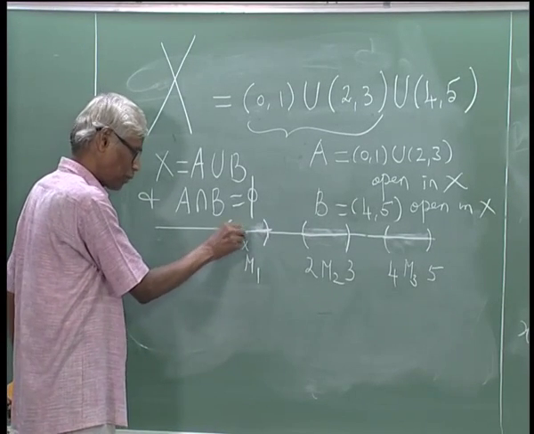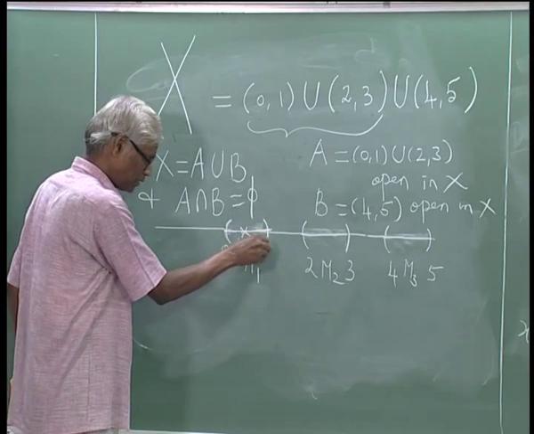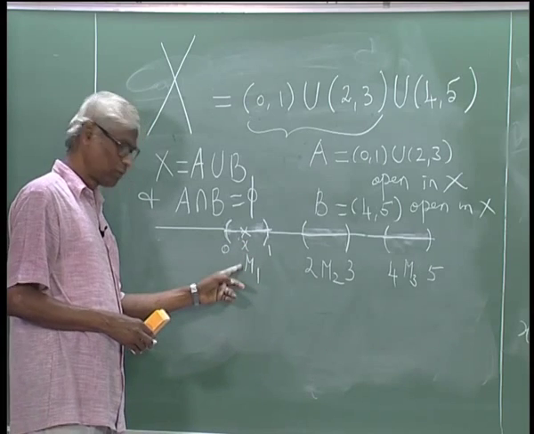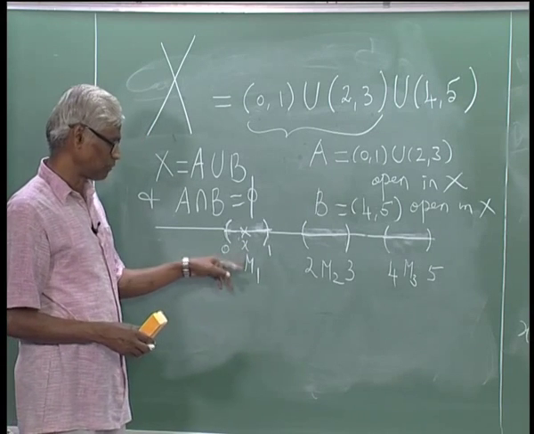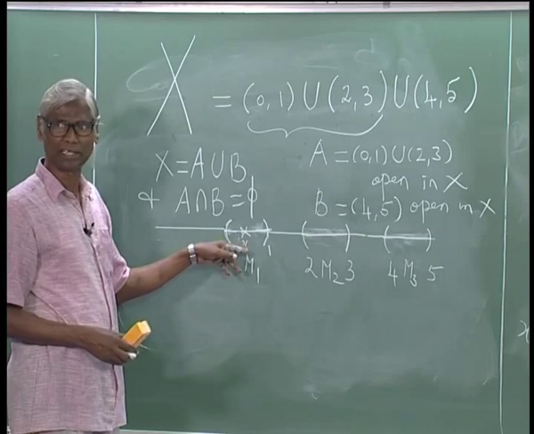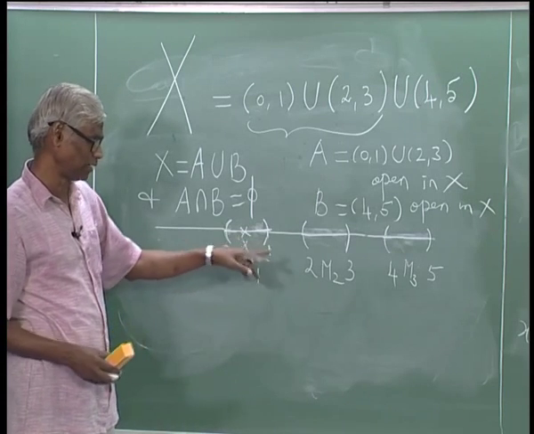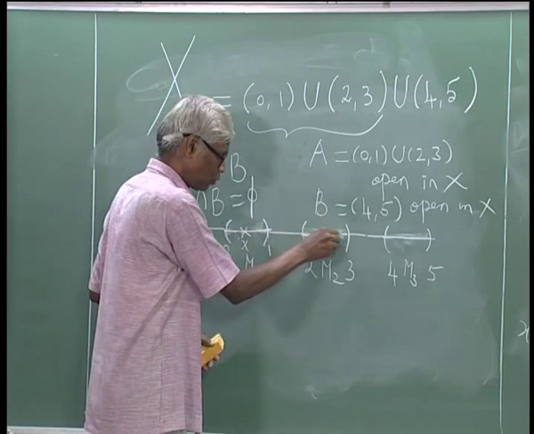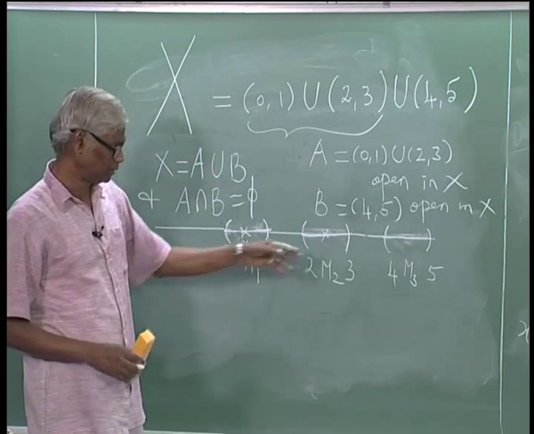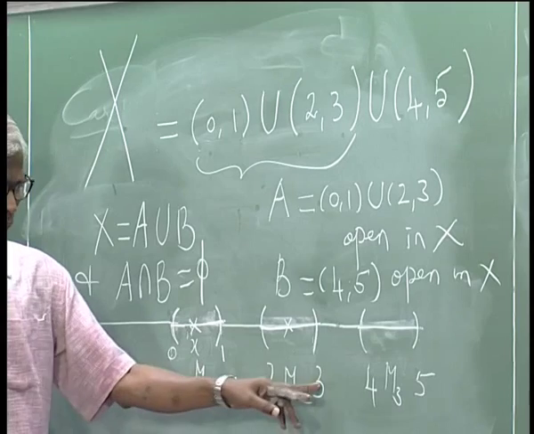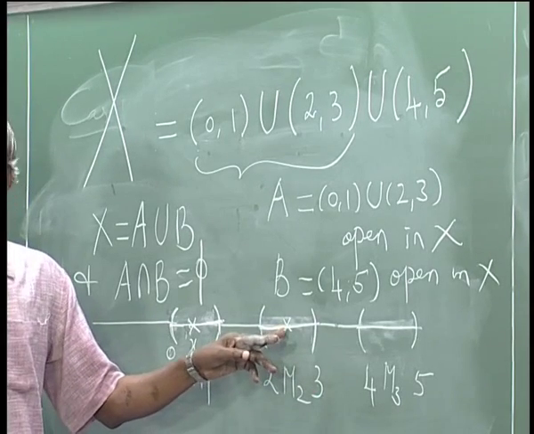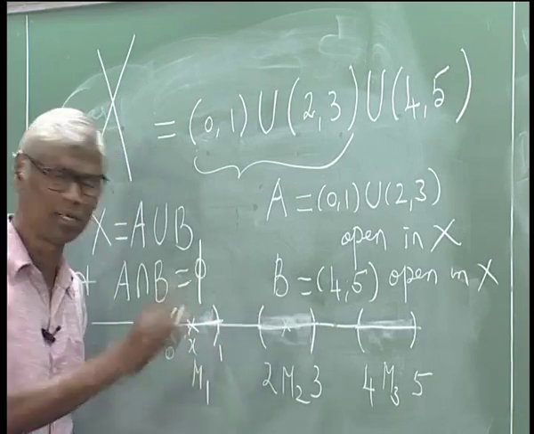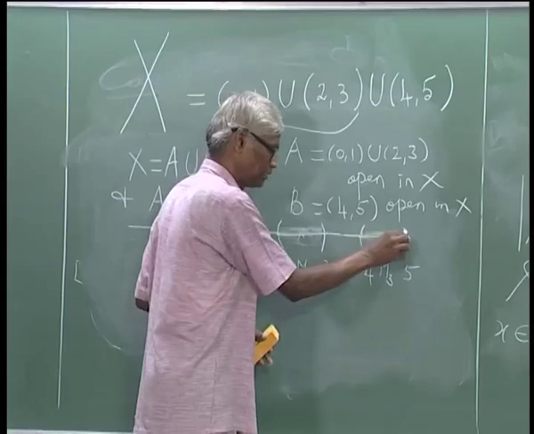If we take any point in the open interval (0,1), then the same M1 is in fact the maximal connected set containing x, it will be unique. Similarly, if we take any point in the open interval (2,3), the same open (2,3) is the maximal connected set containing points of the open interval (2,3), similarly this.